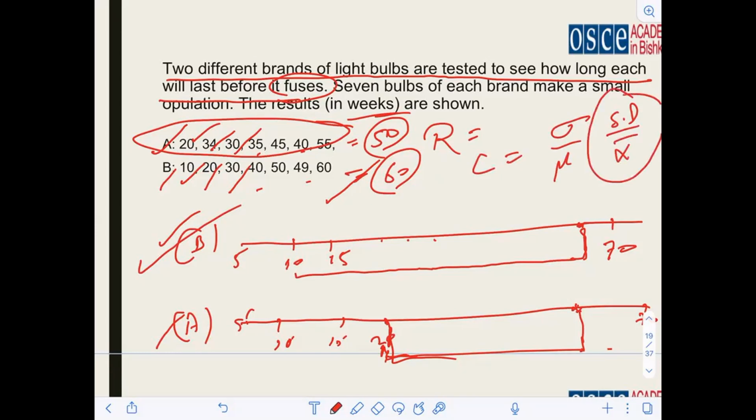Why? Because this is the ratio of the standard deviation against the mean. If you want the percentage, you simply multiply by 100, so that you can get the accurate answer, right?